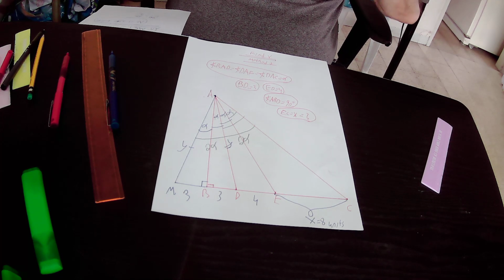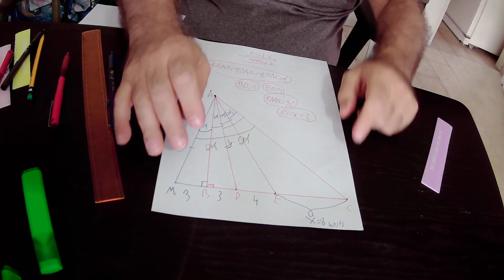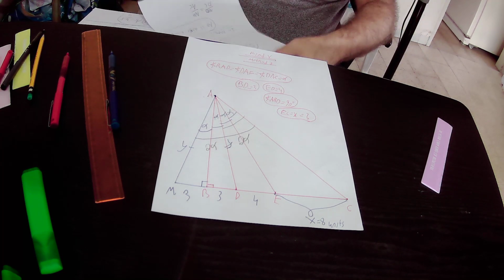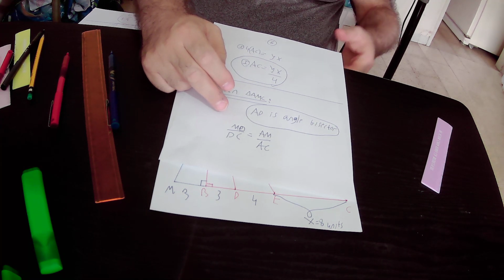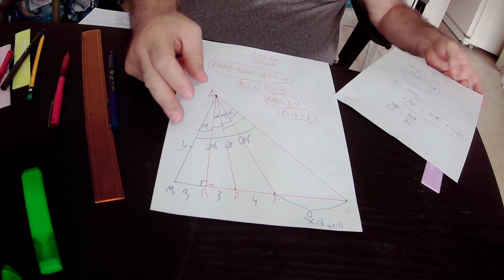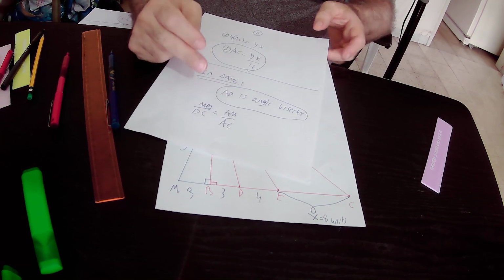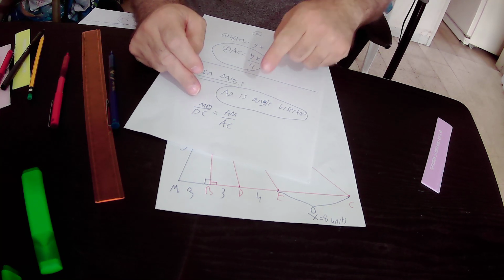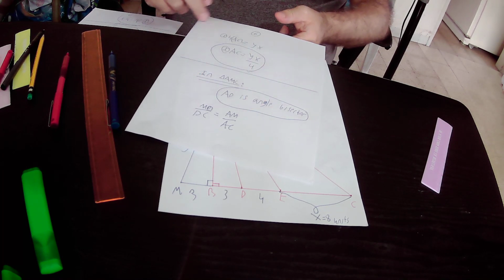And according to the angle bisector theorem, the ratio in which the angle bisector AD divides MC is MD over DC, and that ratio equals the ratio between the angle legs, which is AM over AC.